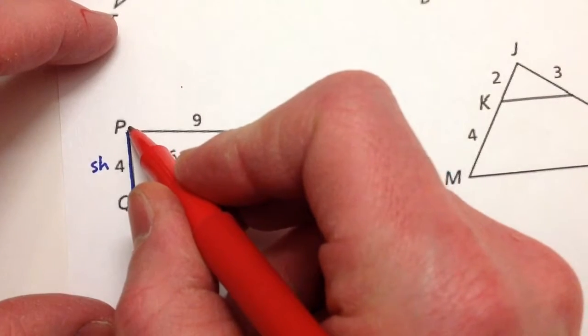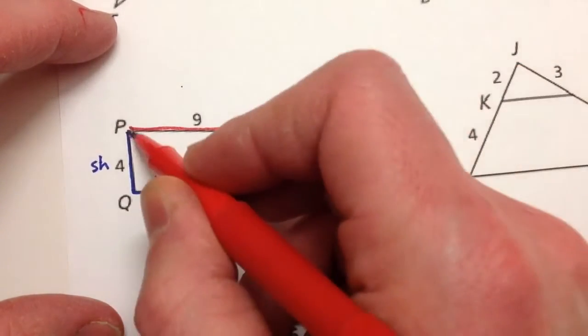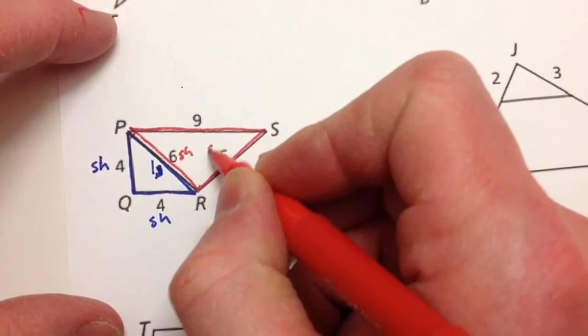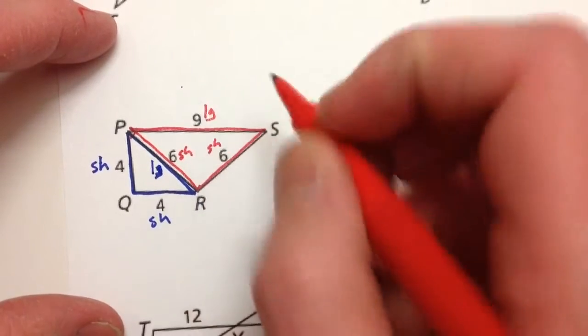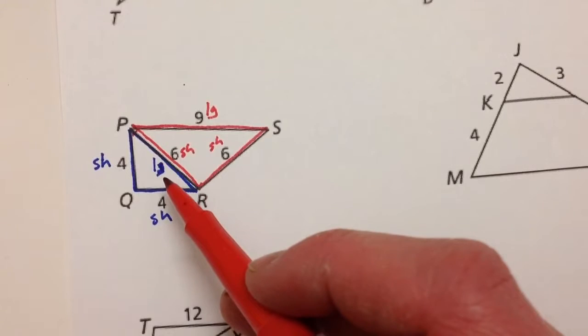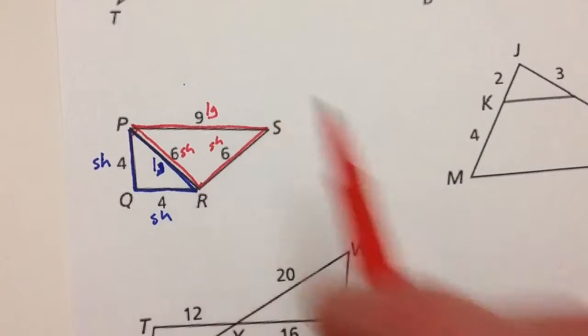Then I've got a red triangle, the other part of this. And again, I've got two short sides that are both 6, and I've got a long side that is 9. Now notice that they share a side, right? That one is the long side on the smaller triangle, and then on the larger triangle it's the short side.